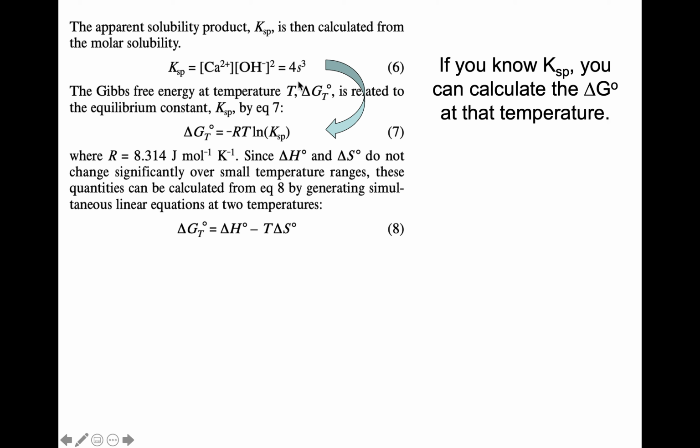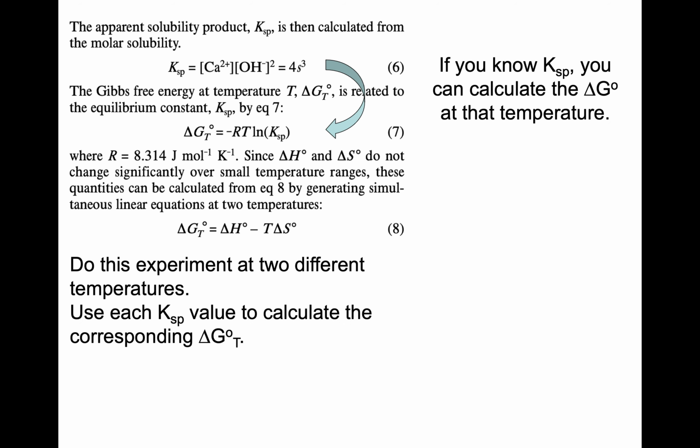It was a saturated solution, so you take the molar solubility and calculate the KSP. Now, if you know the KSP, you can calculate the delta G naught at that particular temperature. Just plug it in. So that's pretty cool. You've taken your titration and calculated this thermodynamic quantity.